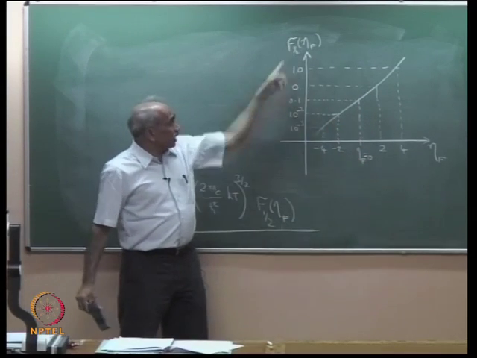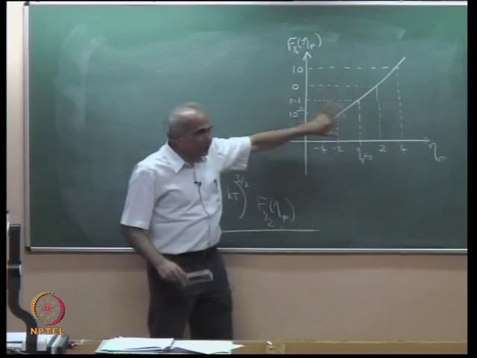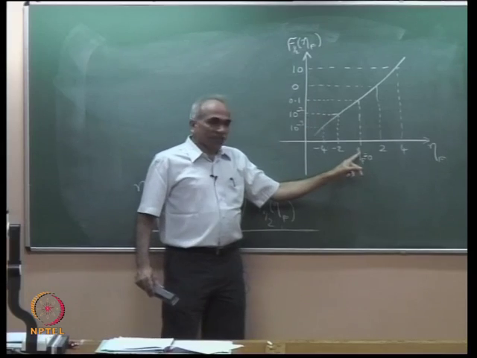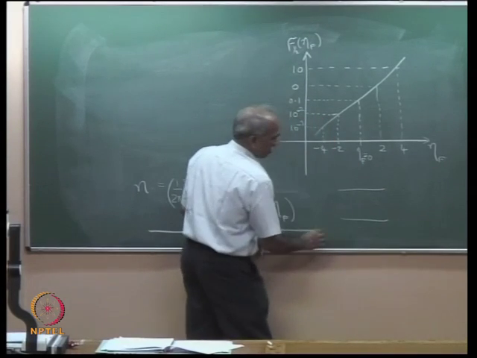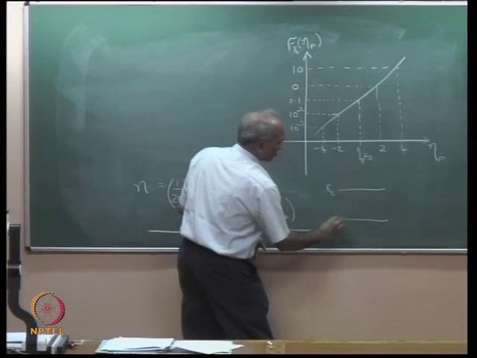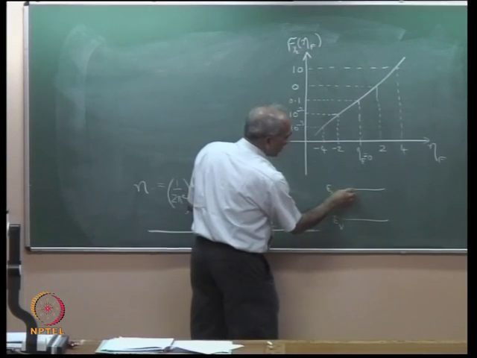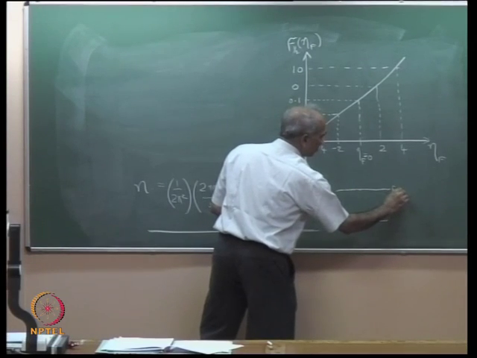The Fermi integral is approximately 0.1. Approximate numbers, please. This is just to give you an idea what kind of numbers we are talking about here. So let us say the Fermi level has just entered the conduction band. This is your EC and EV in a highly doped semiconductor, so EF has also come here.